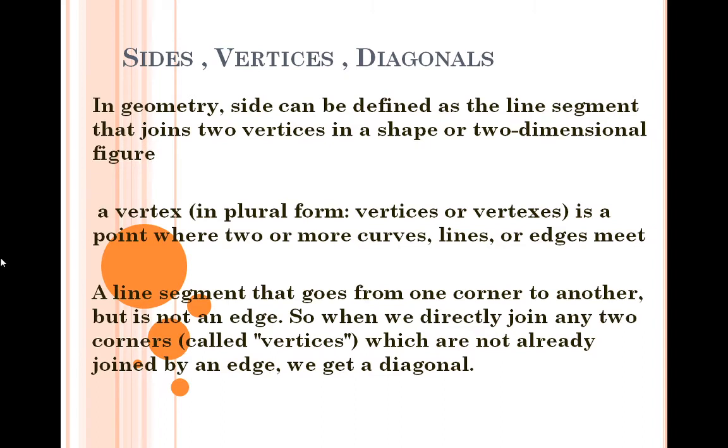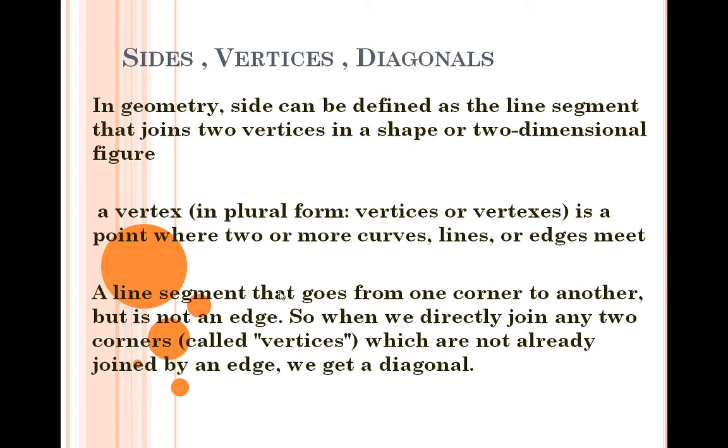A vertex, in plural form vertices or vertexes, is a point where two or more curves, lines or edges meet. When two lines meet each other or two curves meet each other, that point is known as a vertex.